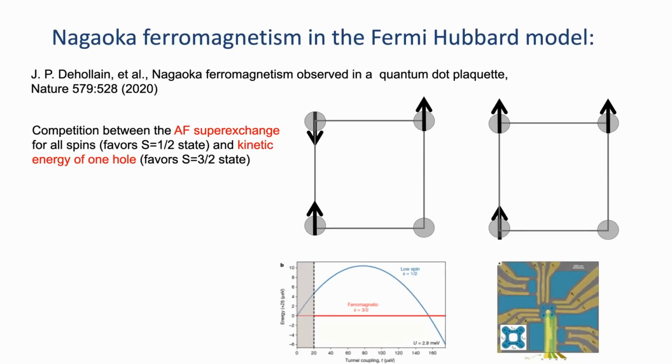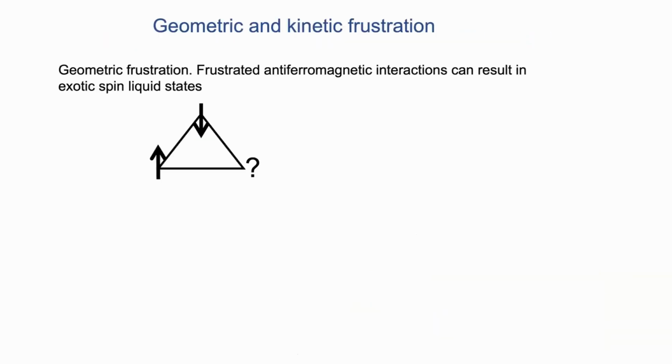And so this is the experiment from van der Sypen's group and theory done by Yao, when they took a plaquette, four quantum dots with three electrons, and showed that by changing effectively interaction versus tunneling, they could see a transition from the lowest energy state being spin polarized, 3/2, to switching to the state which has the lowest possible spin, which is 1/2.